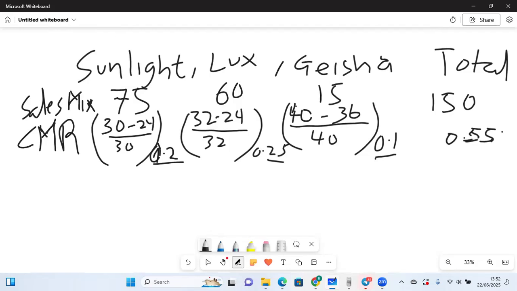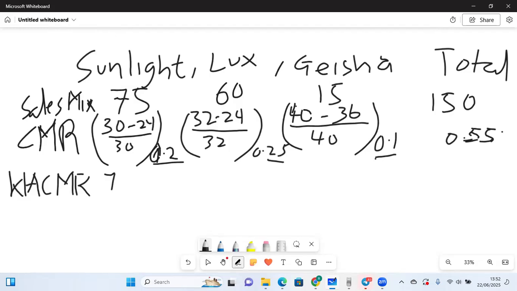Now, because we are doing it in sales instead of units, we have to find our weighted average contribution margin ratio, and we are going to use the sales mix to do it.